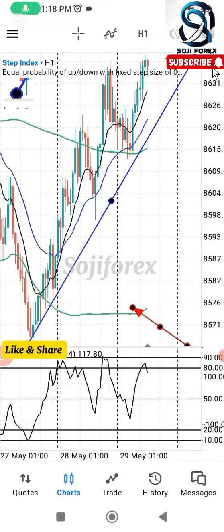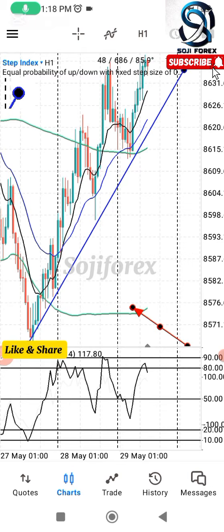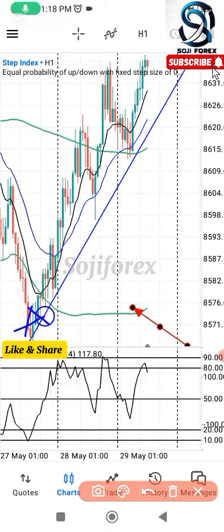In an uptrend, you will need two higher lows. So here is my point A, and this is my point B. I connect my trend line to those two points, and then I will be making my trade entry on the third point, which is point C.